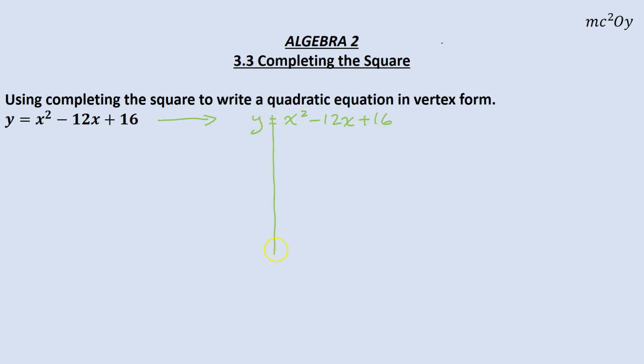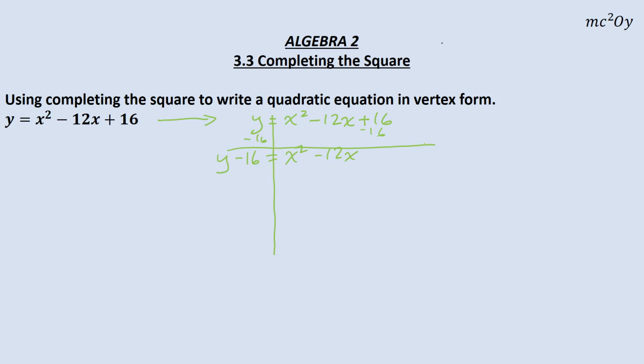Well, 16 isn't the square of half of 12, so we'd need 36. So I'm going to move this 16 over and say y minus 16 is equal to x squared minus 12x. I just subtracted the 16 from both sides. I got rid of it here and here. That ended up giving me that equation.